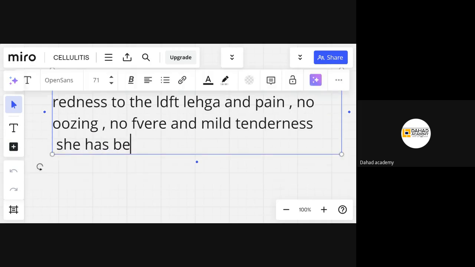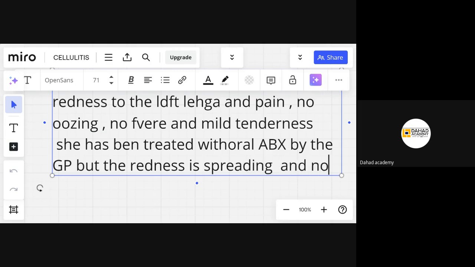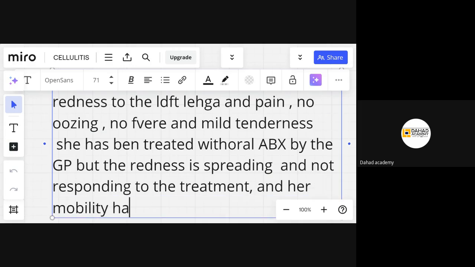And she has been treated with oral antibiotics by the GP, but the redness is spreading now, right? And not responding to the treatment, and then explain why you admit the patient. And her mobility has declined.